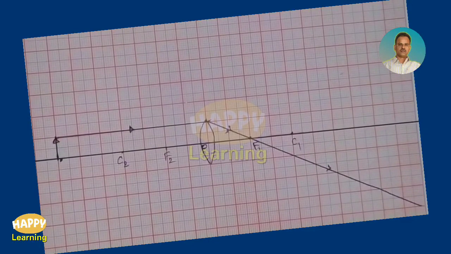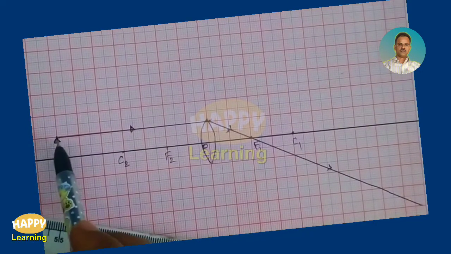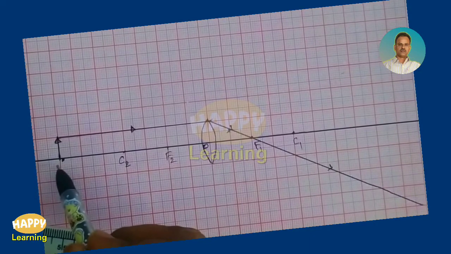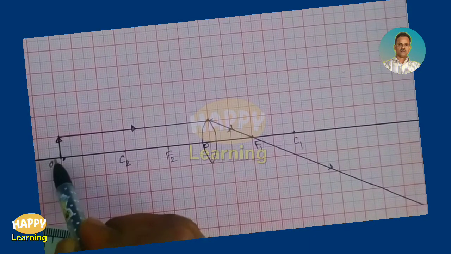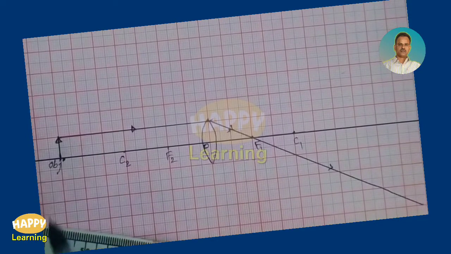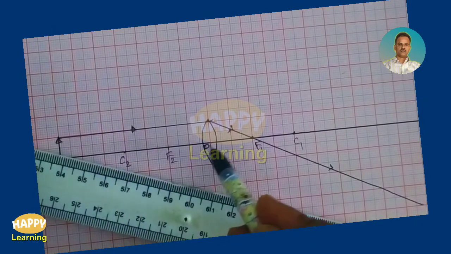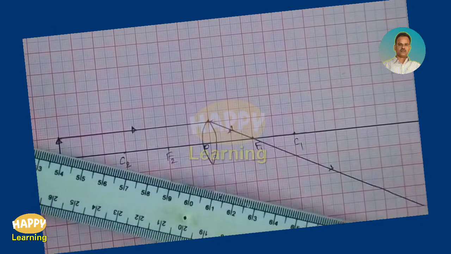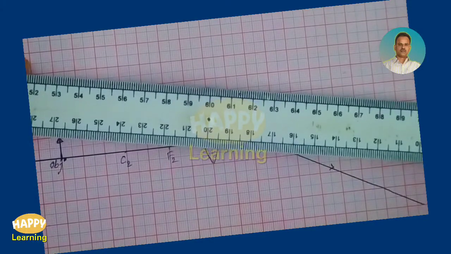Right. Then select another ray passing through the optic center from the head of this object. This you can say object, from the head of this object passing through the optic center.